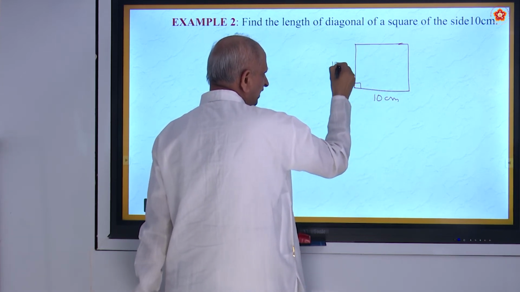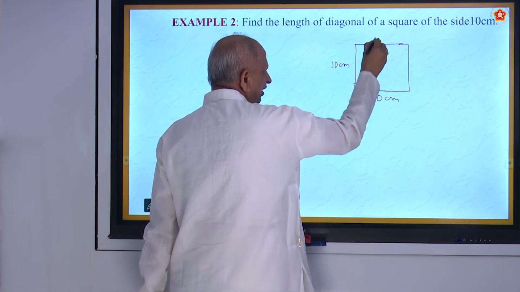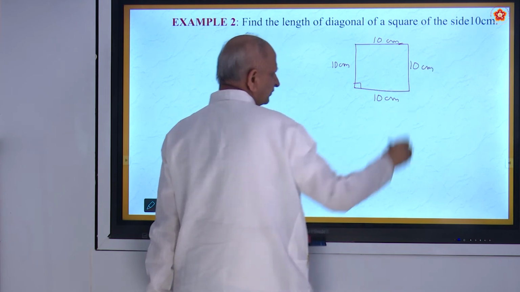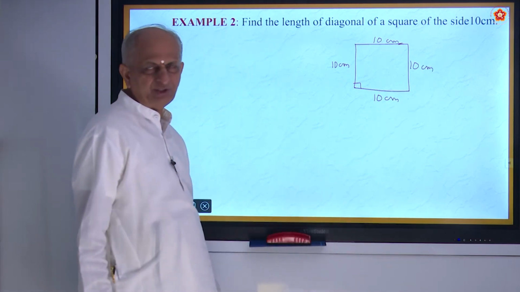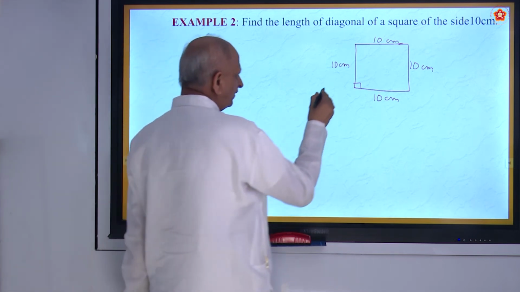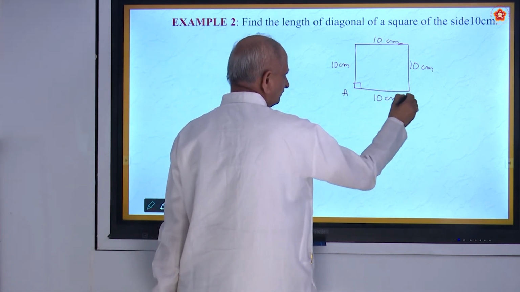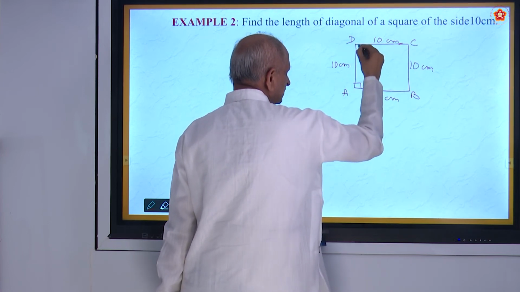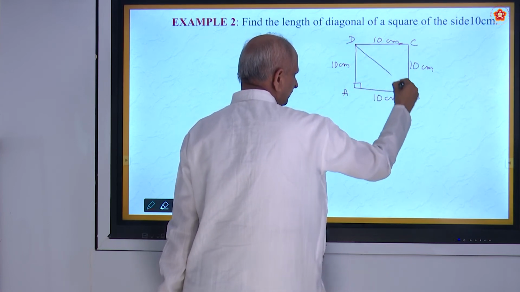All angles are 90 degrees, right? All sides are equal, right? Both the diagonals are equal, and they bisect each other at right angles. So let us suppose ABCD is a square. They are asking the length of the diagonal.